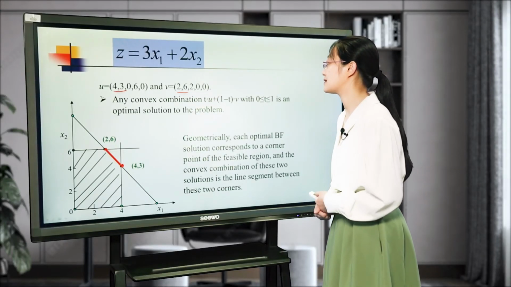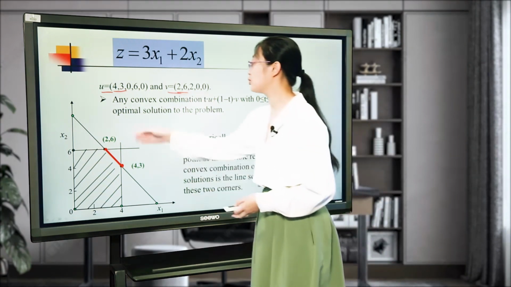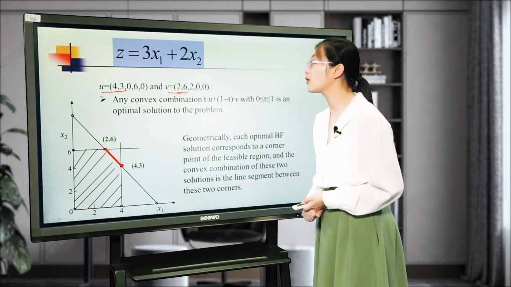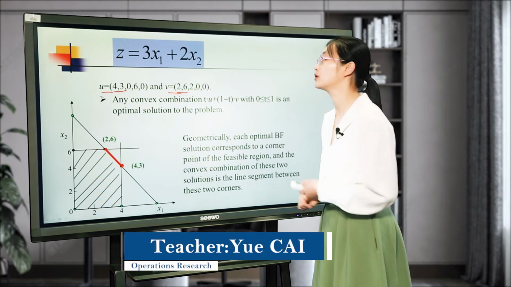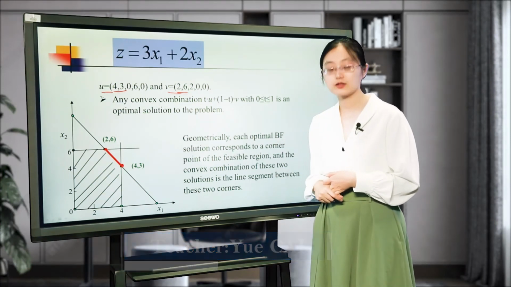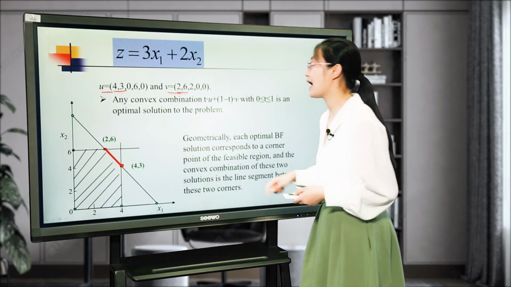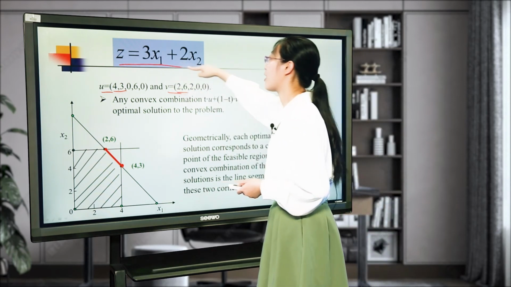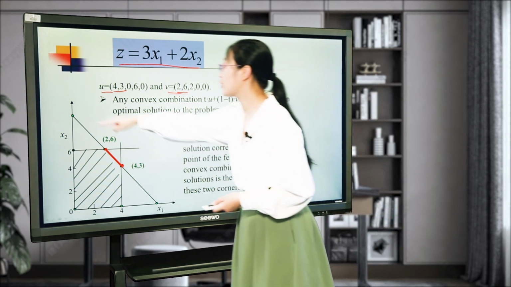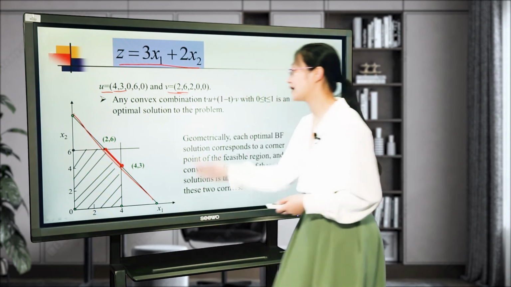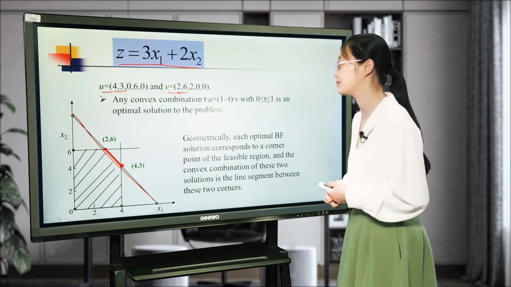So what it says is that if we have 2 optimal solutions, then every point on the line segment between them will also be an optimal solution to our original linear programming problem. This is because, graphically, the slope of our objective function matches the slope of one of our constraints, so every point on this line segment will give us an optimal solution.